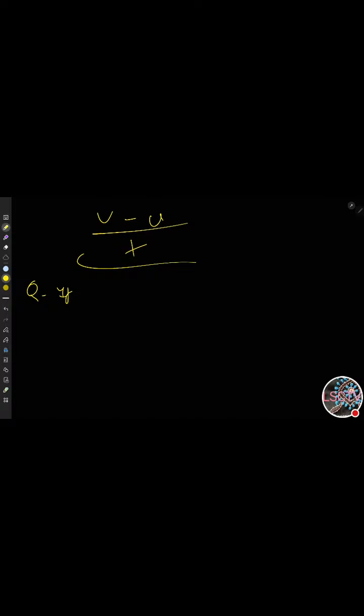Based on displacement till now, because we didn't do questions on it: if the displacement is equal to 5 meters and the time is 5 seconds, find the velocity.